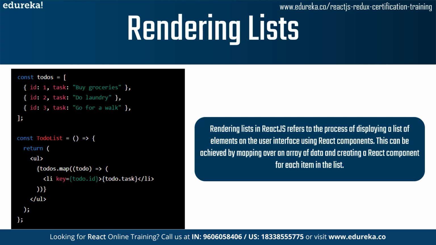This property is added to each list item to make sure that React can efficiently update the list if the data has changed. This key property tells React which array item each component corresponds to, so that it can match them up later, right? So this becomes important if your array items can move.